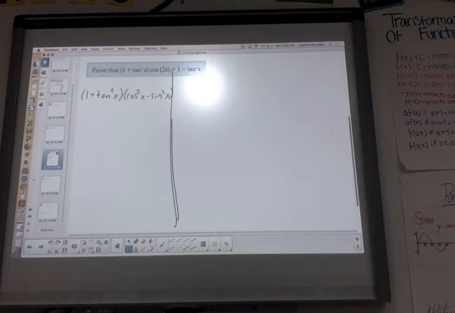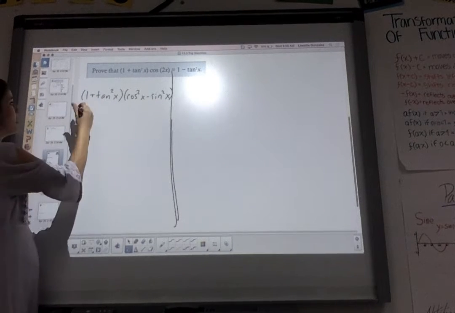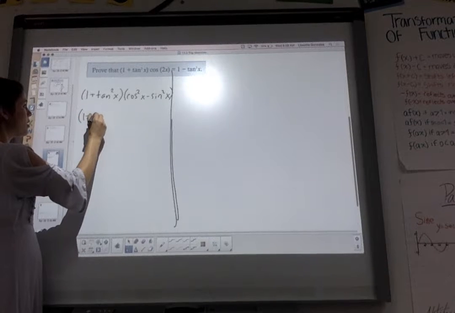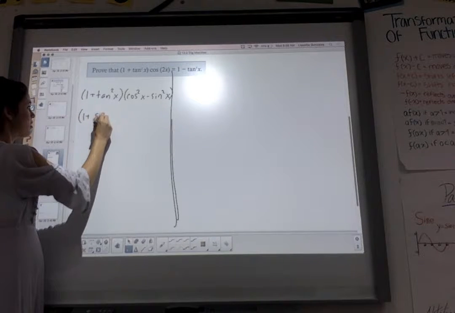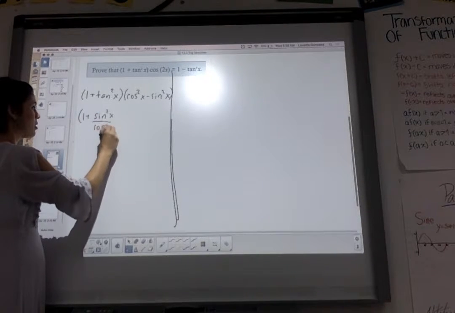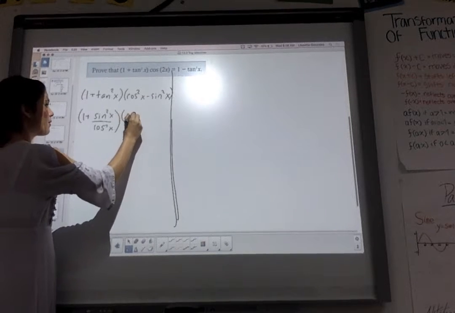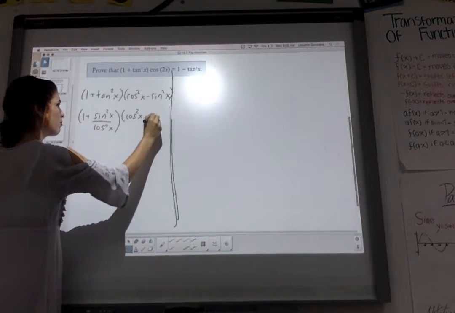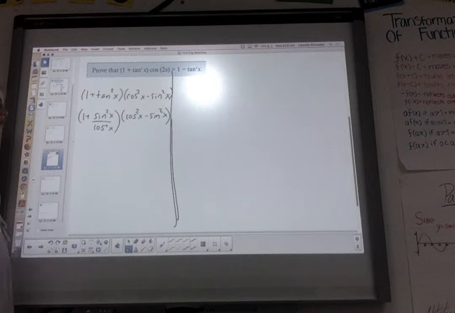We can write tan squared as sine squared over cosine squared, and that way everything's in sine squared and cosine squared, at least on this side. Okay, so let's write tan squared as sine squared over cosine squared. And now I would say distribute carefully, and let's see what happens.